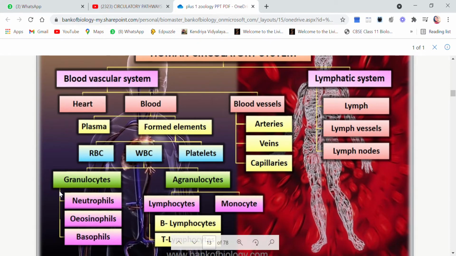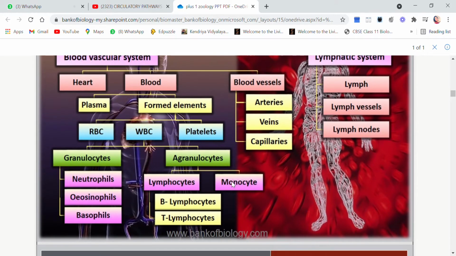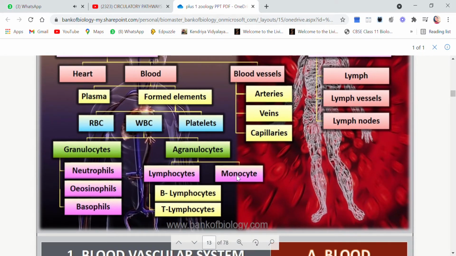Granulocytes are again divided into three: neutrophils, eosinophils, basophils. Agranulocytes are divided into two types: lymphocytes and monocytes. Lymphocytes are of two types: B lymphocytes and T lymphocytes.